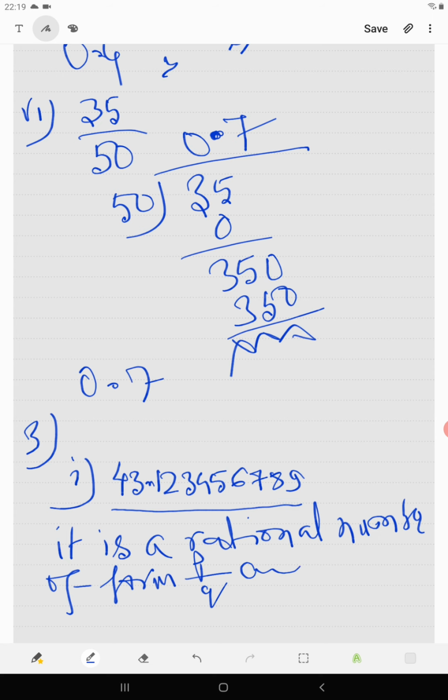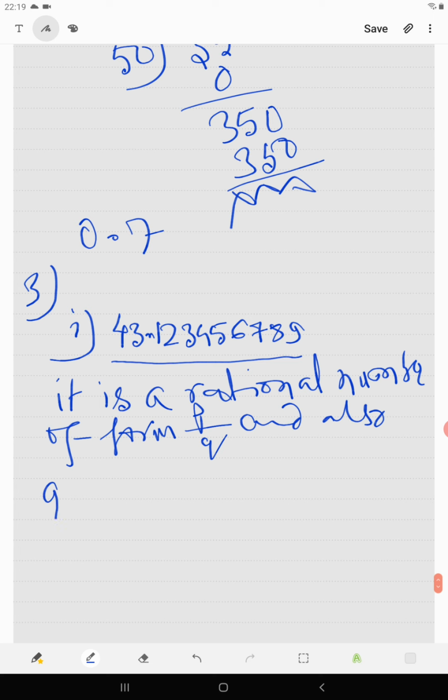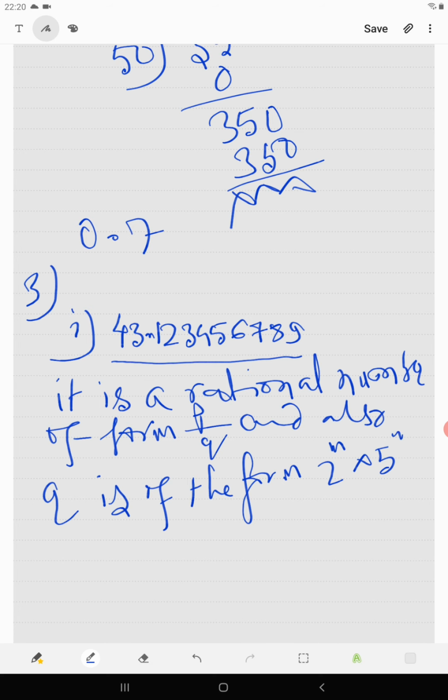And also q is of the form 2 to the power n into 5 to the power m. Okay, got it, right?